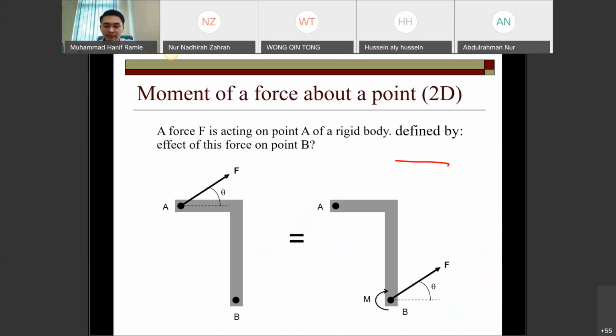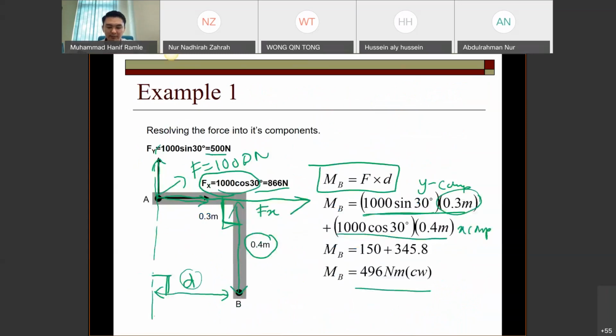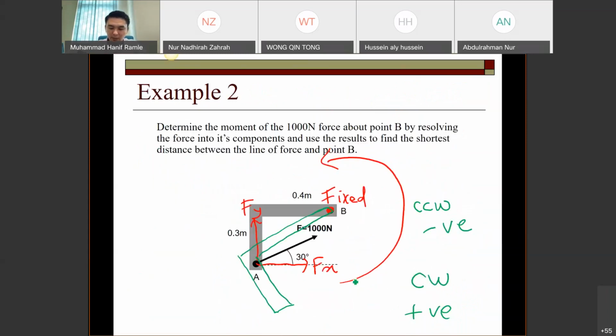So I define this direction as positive. If you want to define this direction as negative, it is okay. It depends on you.